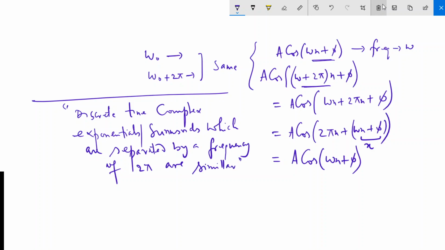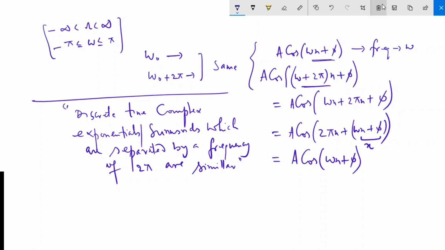This is the important difference between continuous time and discrete time. So in continuous time we had minus infinity less than omega less than infinity. In discrete time we have minus pi to pi.